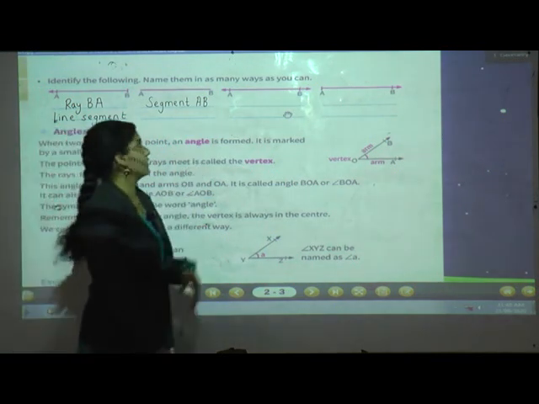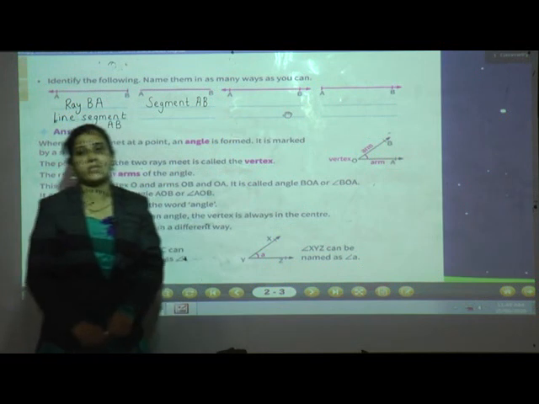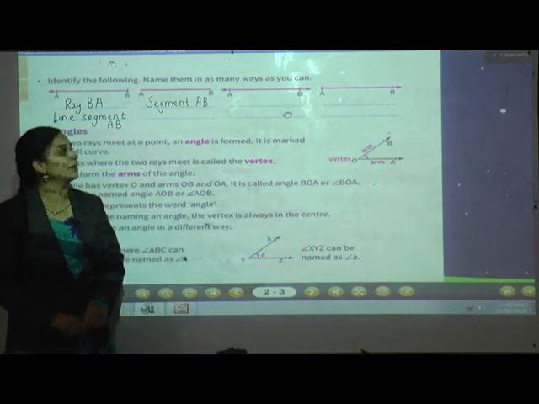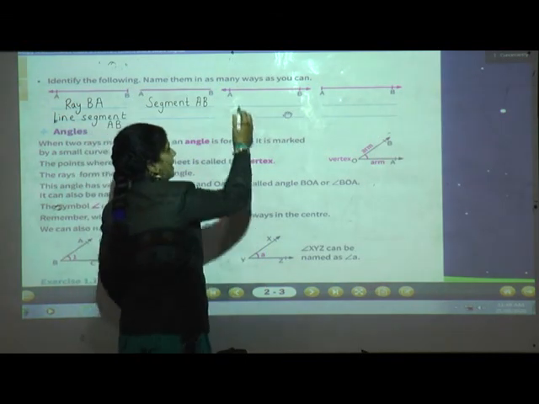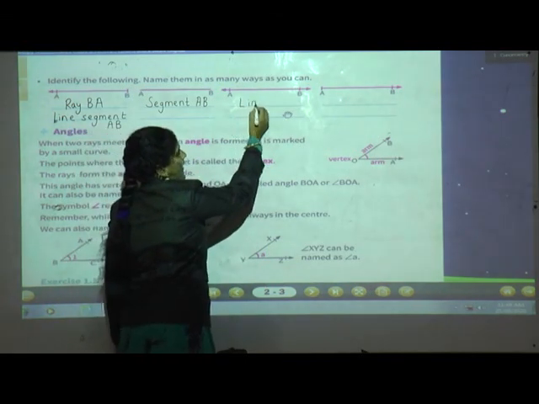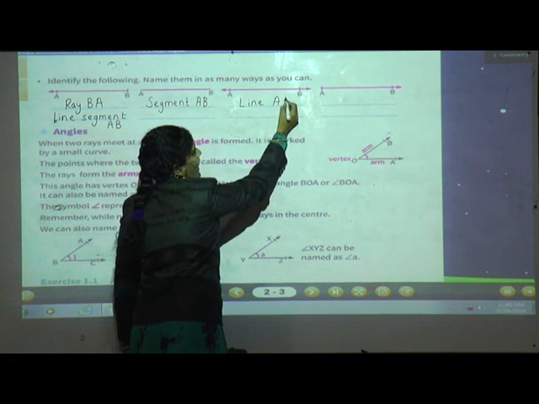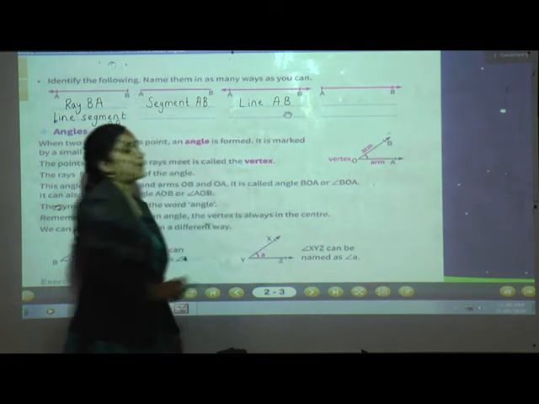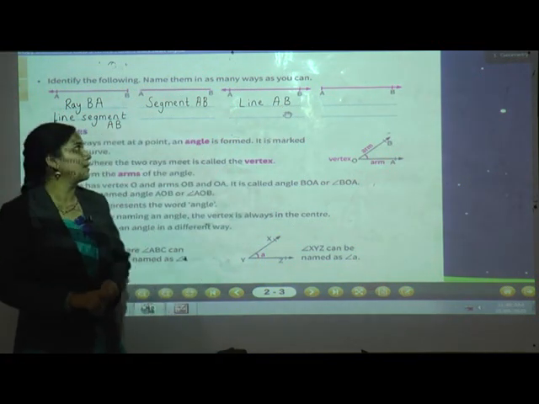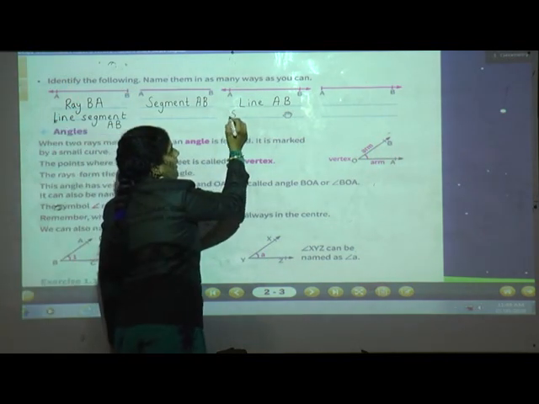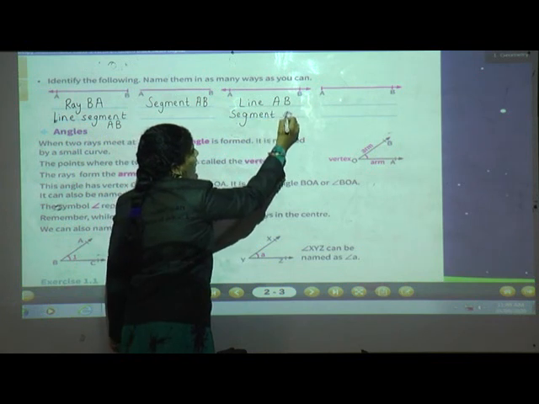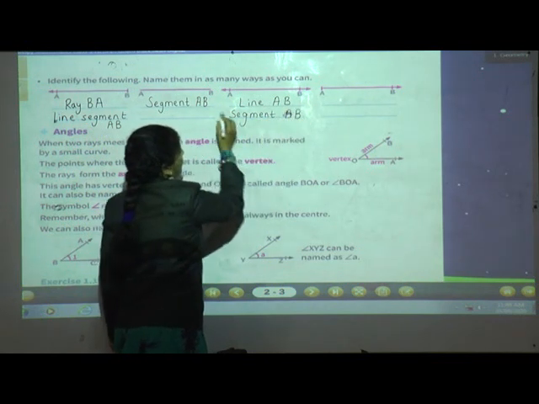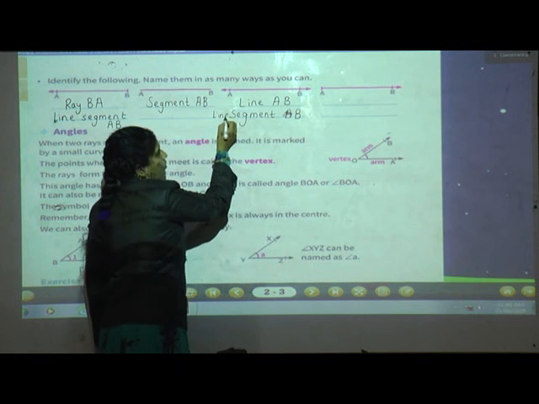Now the next figure, what is this, students? Yes, very good. This is a line. Line AB, and you can say it as line segment AB also.